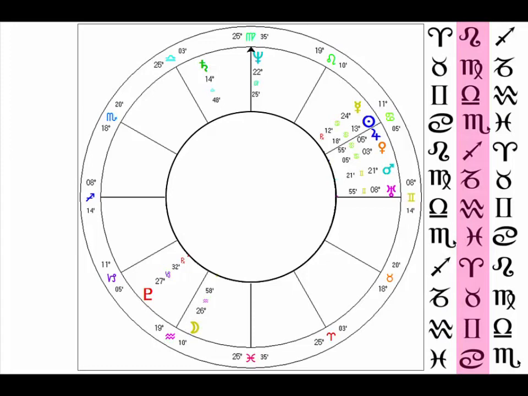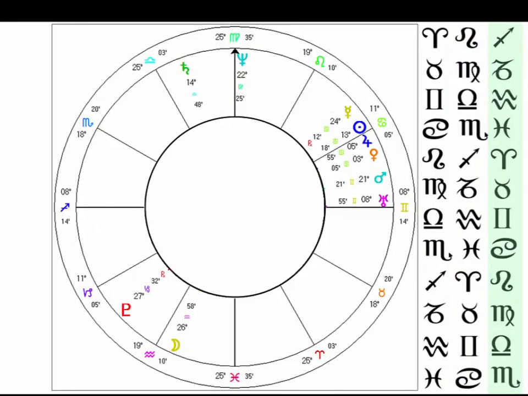And then in the third column, I show the third decade. So the third decade of Aries would be Sagittarius. The third decade of Virgo would be Taurus. The third decade of Pisces would be Scorpio. Just a quick reference table to help you with the following explanations.